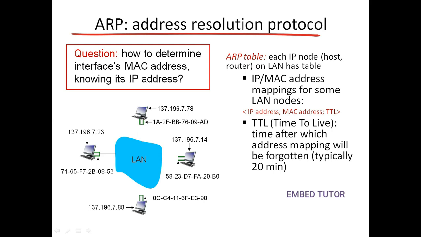Therefore, whenever a MAC address is learned, the ARP table will be populated with the IP address, the corresponding MAC address, followed by the time to live. By default, every MAC entry in the ARP table will have a default time to live of 20 minutes.